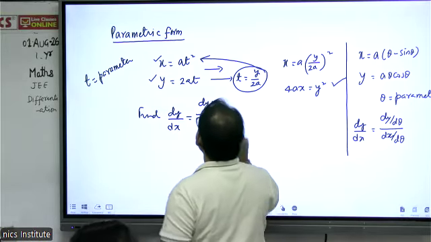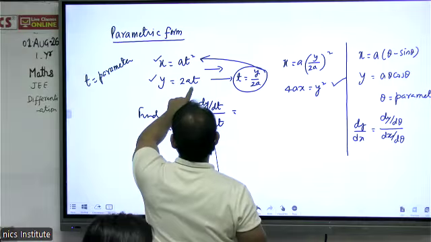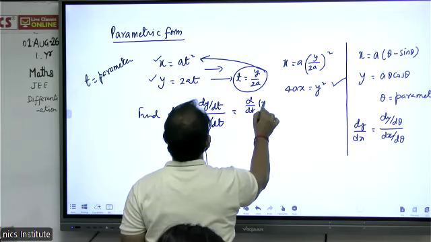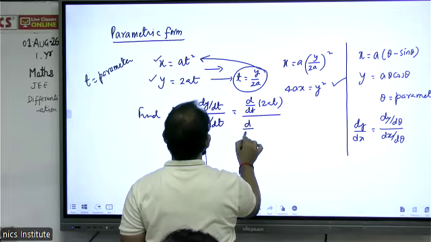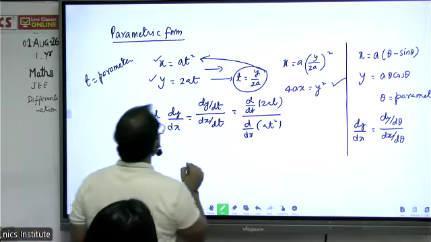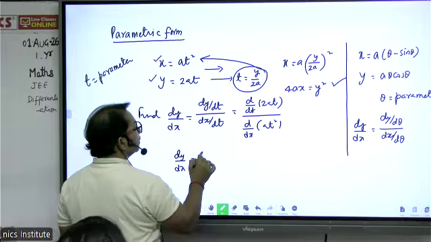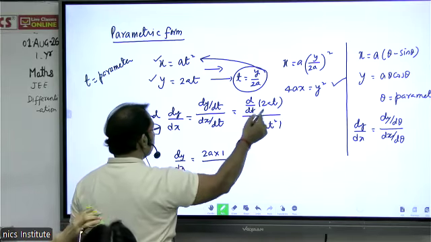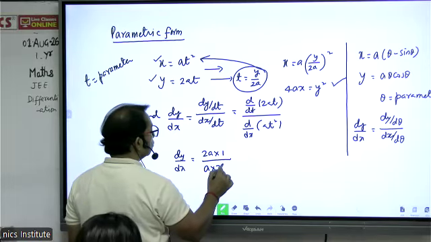So if you want to find dy by dx, what is dy by dt? T is a parameter. You're differentiating y with respect to t, right? And divide by dx by dt, what is x? X is at square. So dy by dx will be 2a, because derivative of t with respect to t would be 1, and this would be 2t.